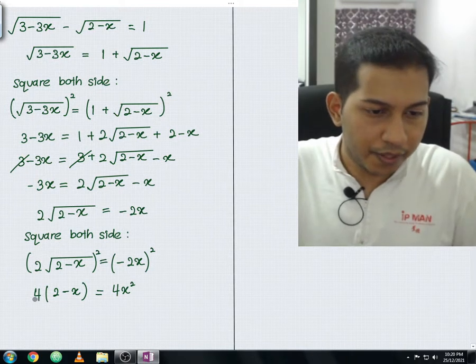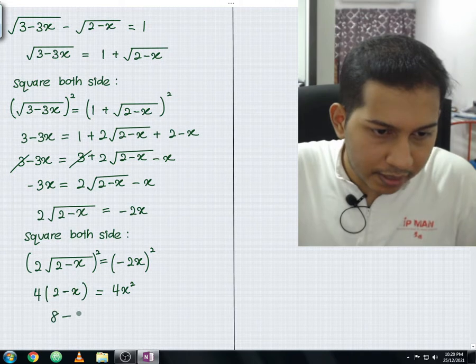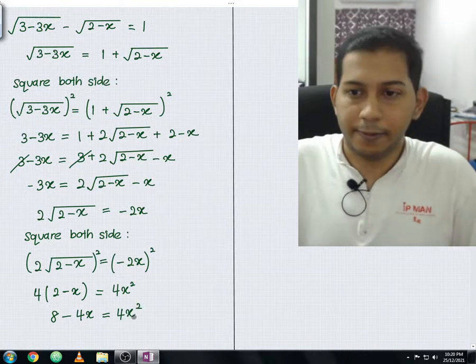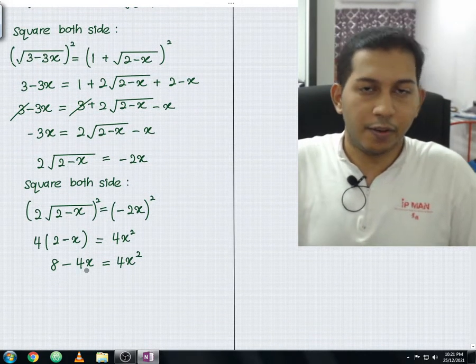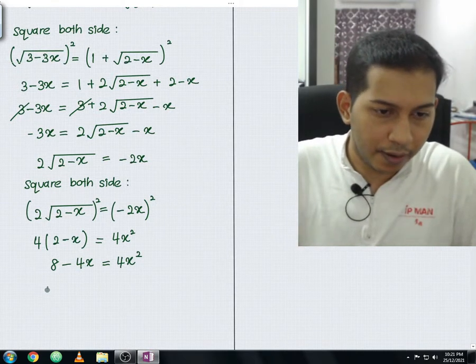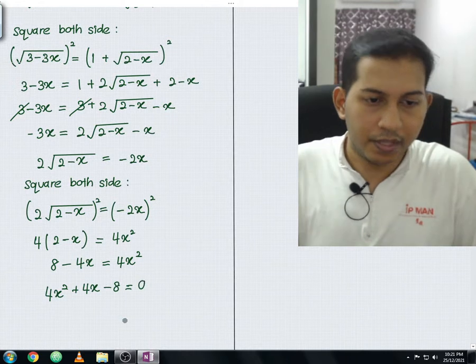So from here, the 4 you expand in, you get 8 minus 4x equals to 4x squared. This 8 minus 4x, from the left hand side you move it over to the right hand side. So from here you get 4x squared plus 4x minus 8 equals to 0.